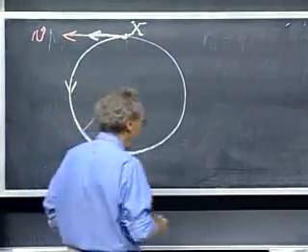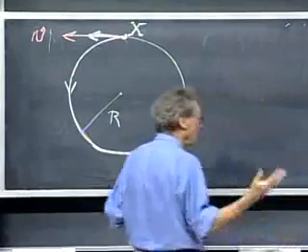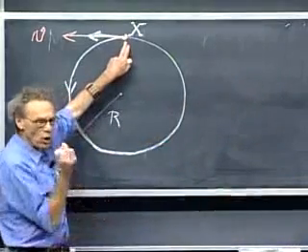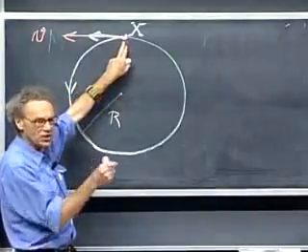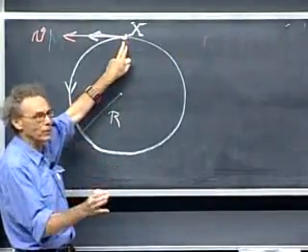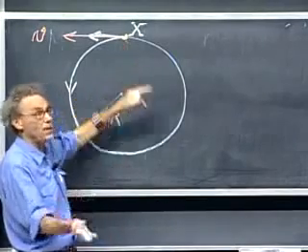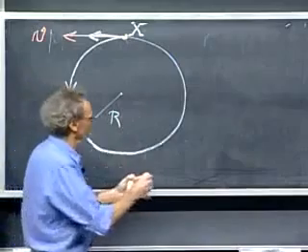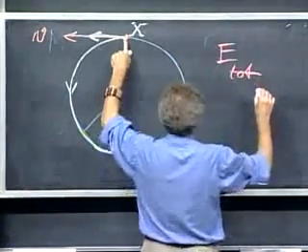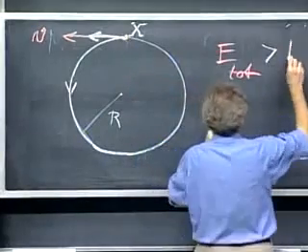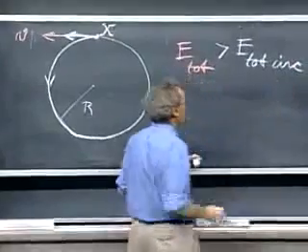If my speed is higher, then my total energy has increased. I increase the kinetic energy. The burn of the rocket is so short that I can consider after the burn that the object is still at x. It's a very brief burn. So the kinetic energy has increased, the potential energy is the same, so the total energy is up. And therefore, the total energy now is larger than the total energy that I had in my circular orbit.